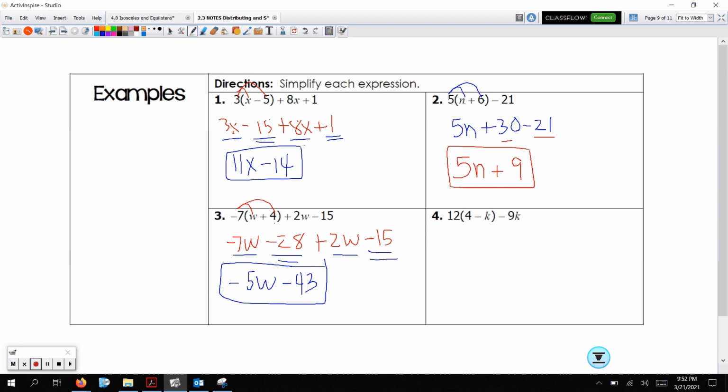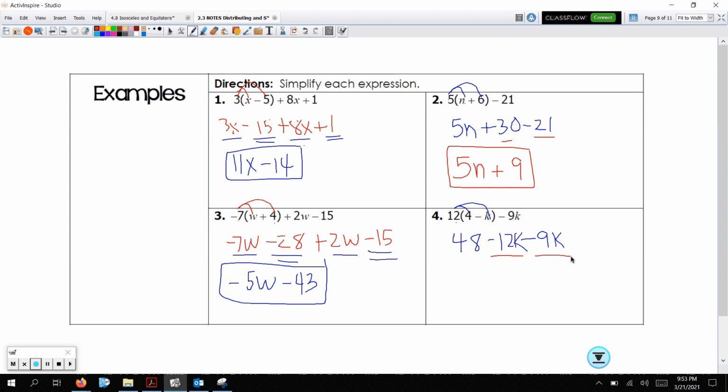All right, number 4, I'm going to distribute positive 12 here. 12 times 4 is 48. 12 times negative k is negative 12k. Bring down my negative 9k. Now remember, we always want to put the variable term first when possible here. So I have negative 12k minus 9k.